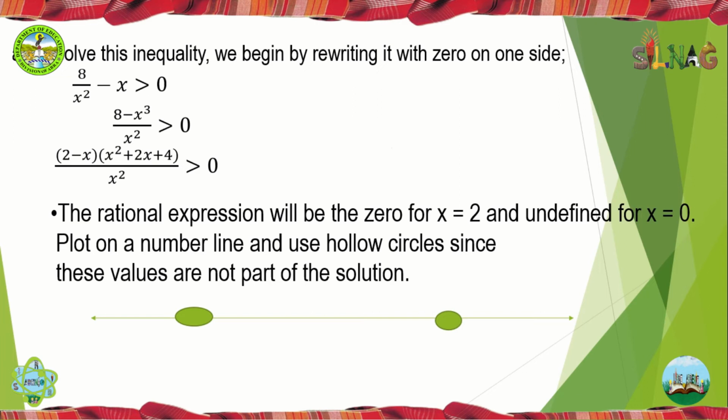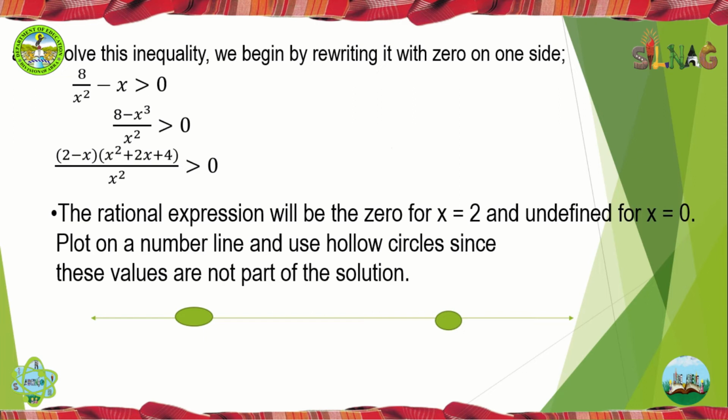The rational expression will be 0 for x is equal to 2 and undefined for x is equal to 0. So you plot on a number line and use hollow circles since these values are not part of the solution. Because if you substitute 2 and 0 in the given inequality, they will not satisfy the given inequality.